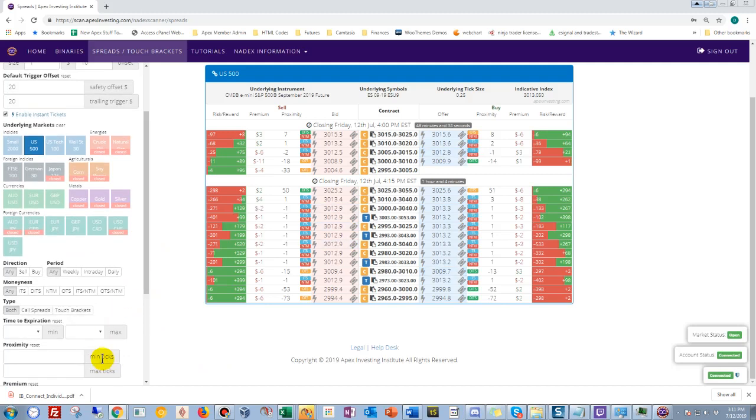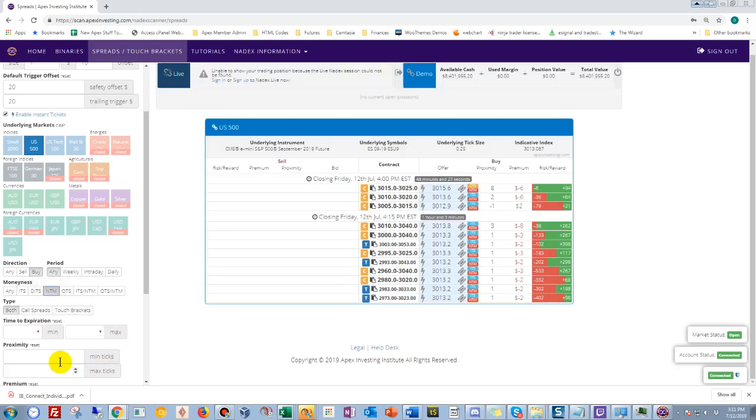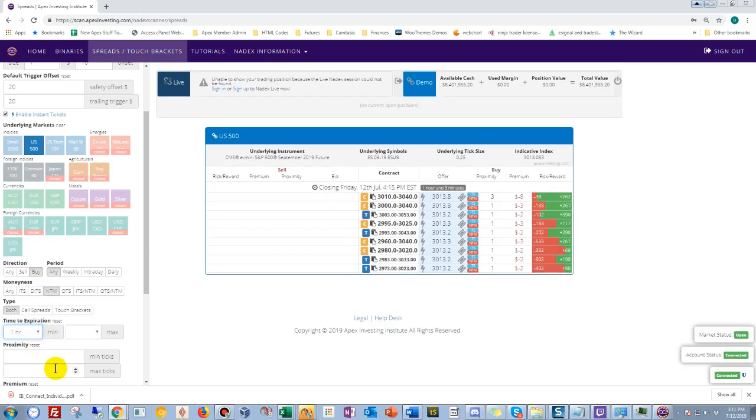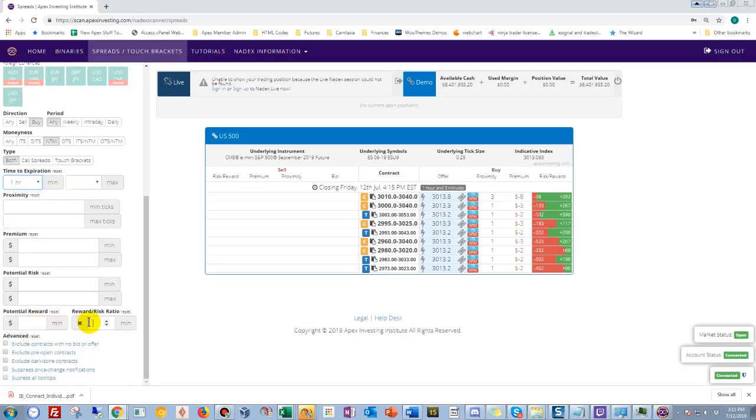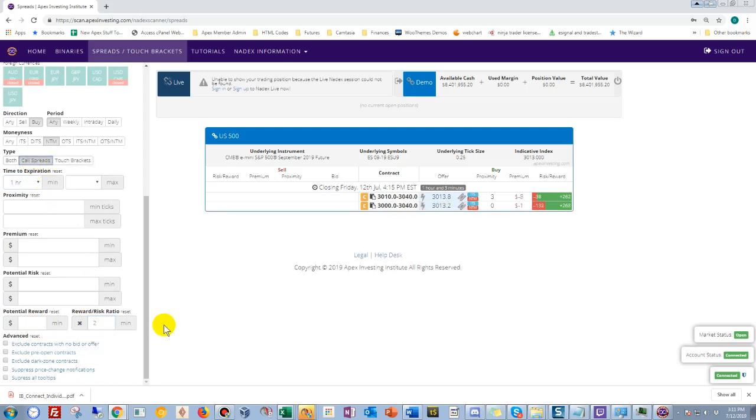And then again, I can go, I'm looking to buy or sell. And I'm looking for a near the market contract. I'm looking for one that has at least an hour to expiration. And I want one that has at least a 2-to-1 risk reward ratio. And by the way, I'm only interested in call spreads. There you go. There's your choices.